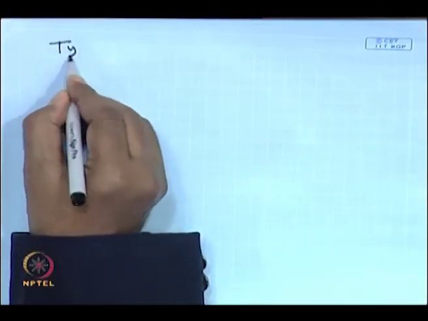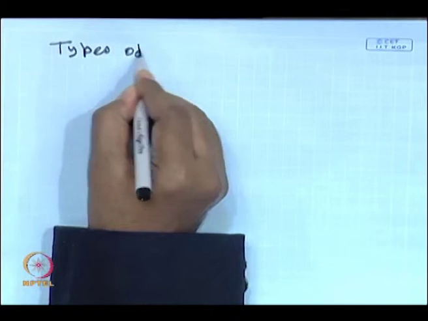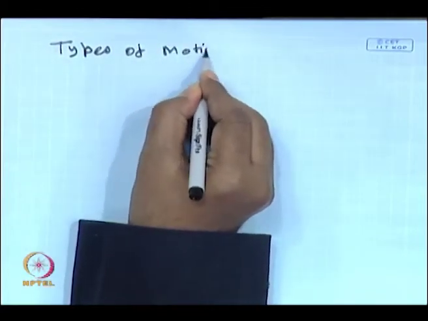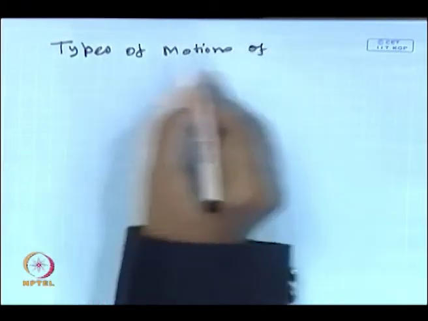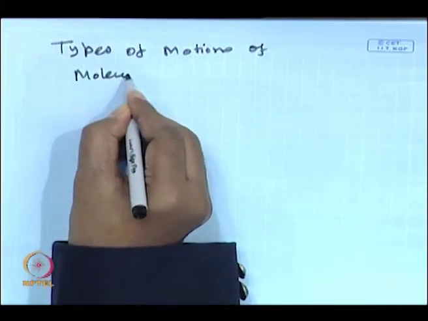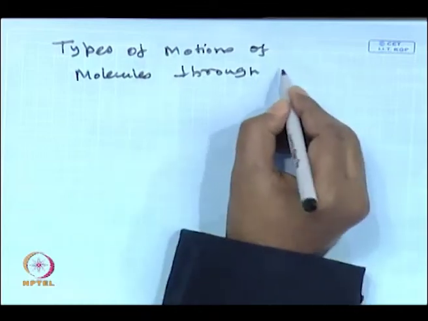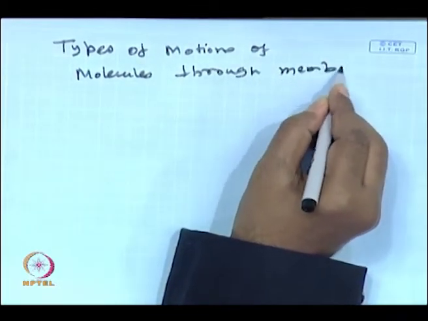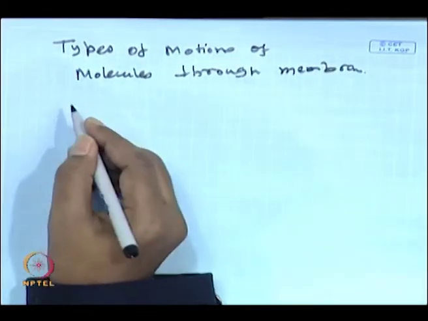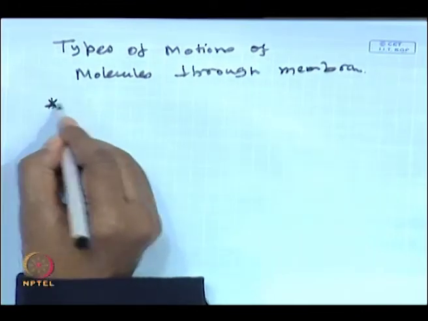Now, let us look into the types of motions. Types of motions of molecules through membranes that one can encounter in the membrane. The first process is called permeation.